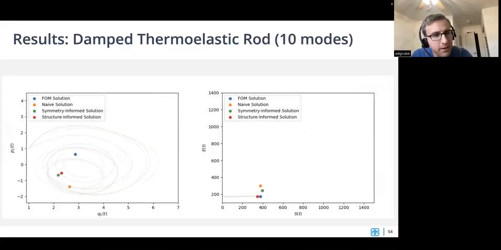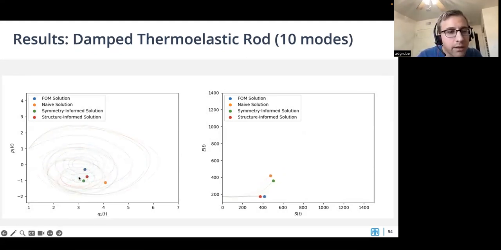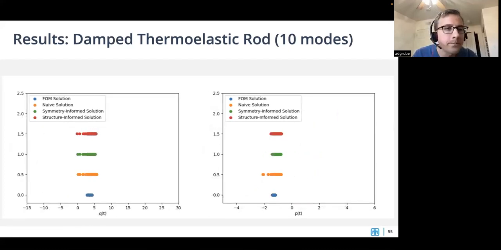Here on the left, I'm showing just the first coordinate. The problem itself is about 1,000 dimensional, and here it is with just 10 modes. With just 10 modes, you see that the behavior shown by the red dot captures the behavior of the blue dot correctly. It actually equilibrates, whereas the other ones kind of go crazy.